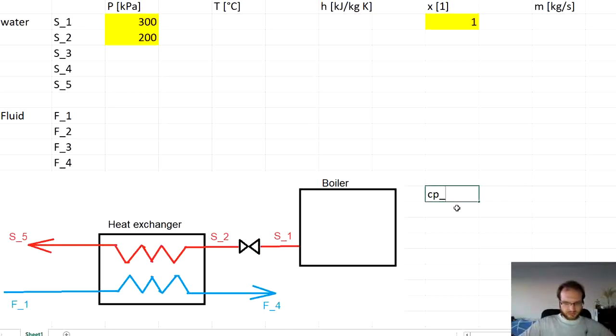So we put it somewhere here separately. Then the inlet temperature of the fluid at the point F1 is 50 degrees C. And the outlet temperature at the point F4 is 120 degrees C.